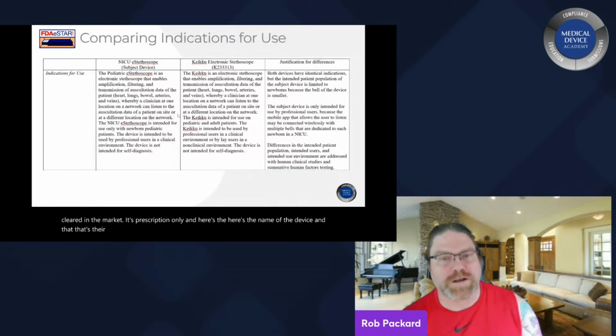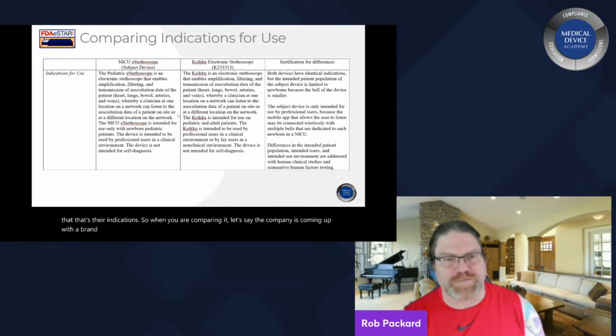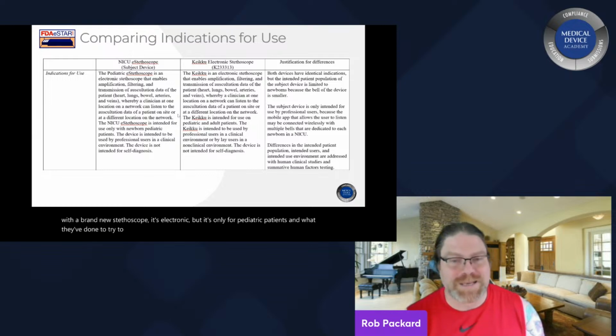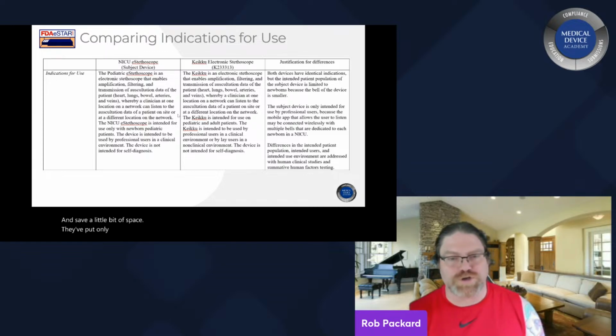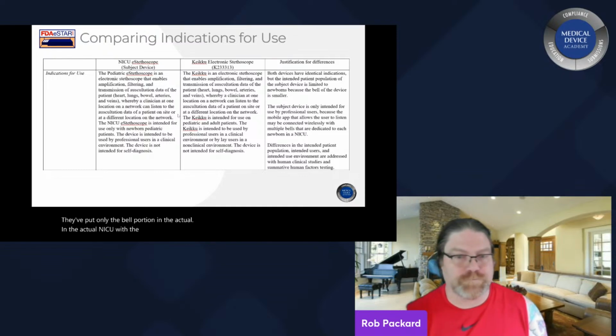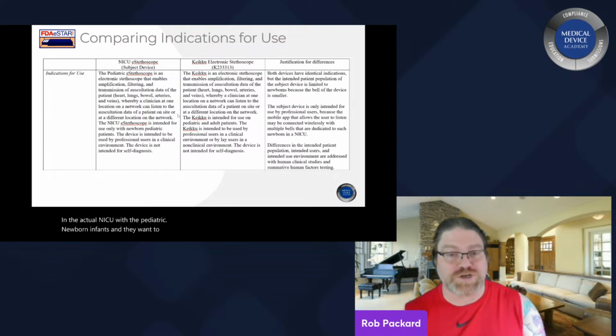So when you are comparing it, let's say the company is coming up with a brand new stethoscope. It's electronic, but it's only for pediatric patients. And what they've done to try to minimize the amount of cleaning that they have to do and save a little bit of space, they've put only the bell portion in the actual NICU with the pediatric newborn infants, and they want to keep those patient specific.